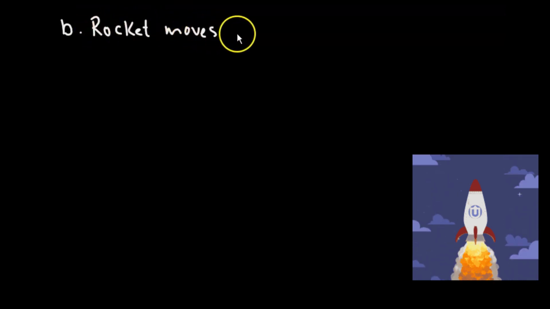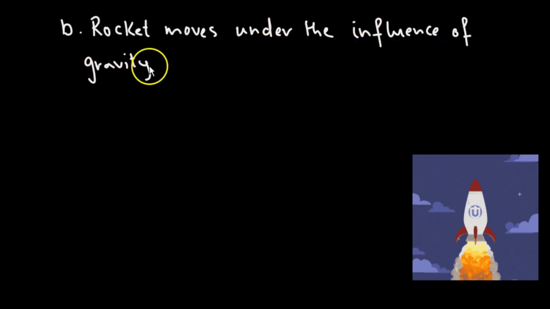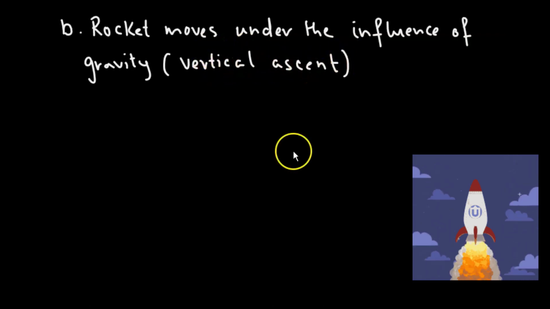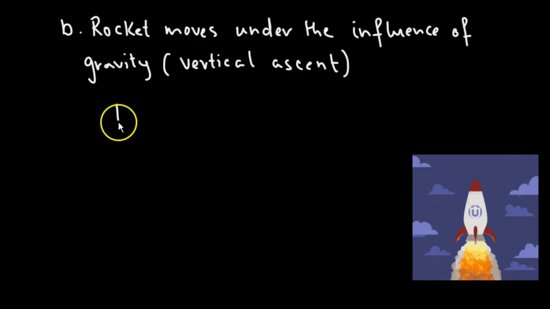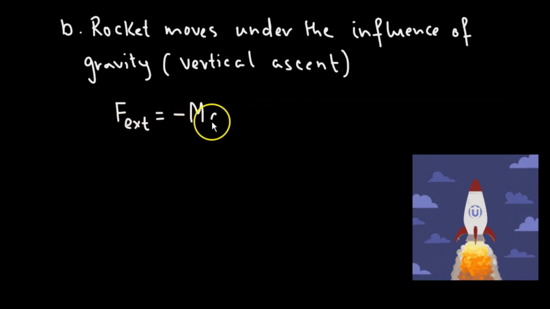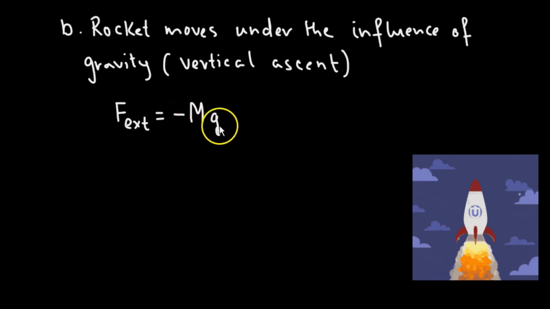Now we come to the second case. Here the rocket will be moving under the influence of gravity. For solving this problem, we are going to consider vertical ascent. Now, the external force F external will be equal to negative mass of the rocket times gravitational acceleration g.